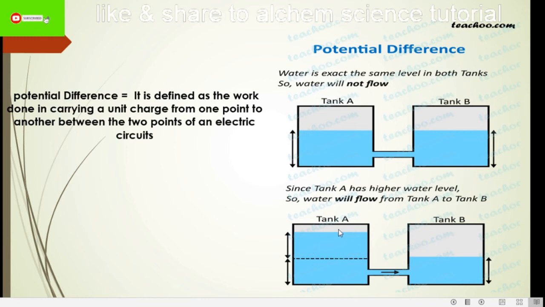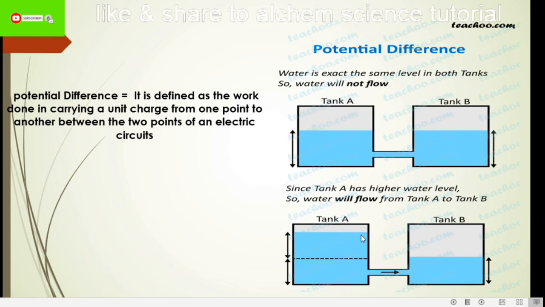It can be transferred from higher potential to lower potential. So consider this tank A having more electrical potential, so tank A will transfer some of the charge to tank B in this case.